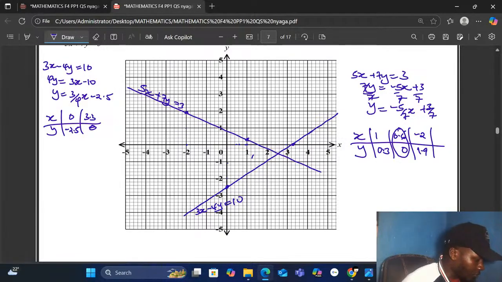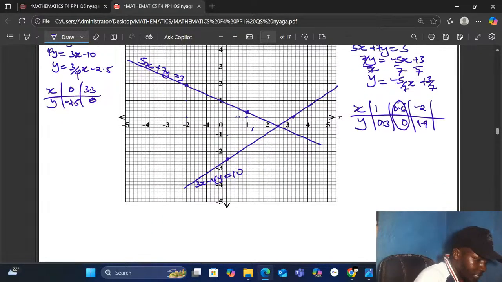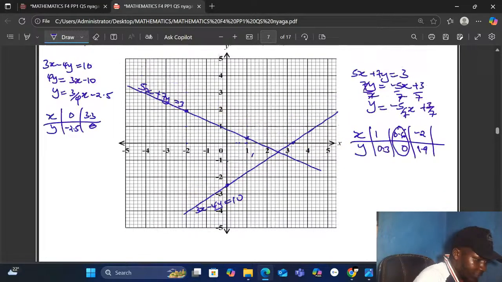So that is how we are going now to solve. Now we are going to find the values of x and y. For instance, we can use the first equation.